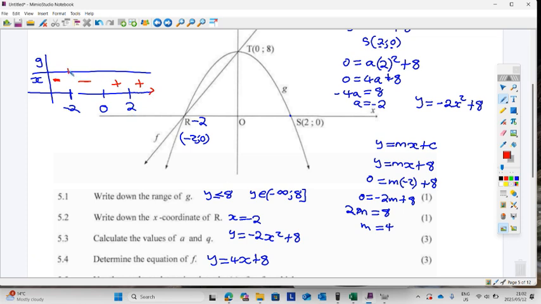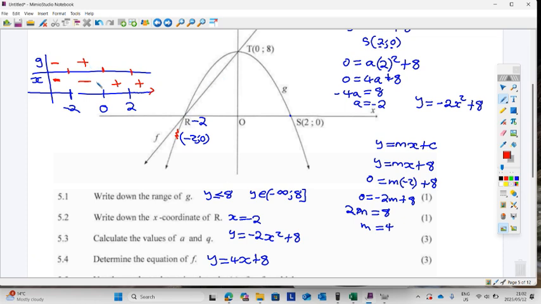Now, let's look at G. Our G to the left of negative 2, the G is below the x-axis there. So our G is negative there. And then from negative 2 to 0, our G is now above.